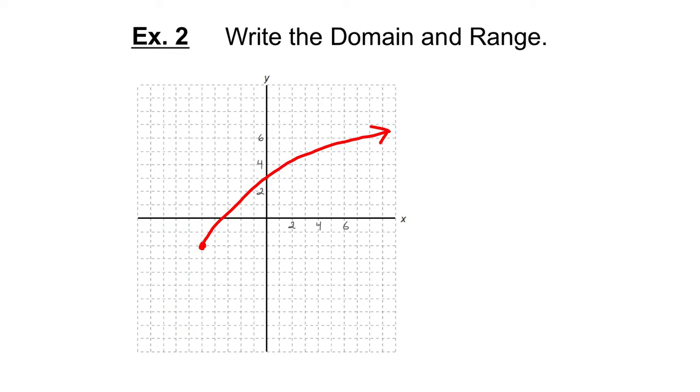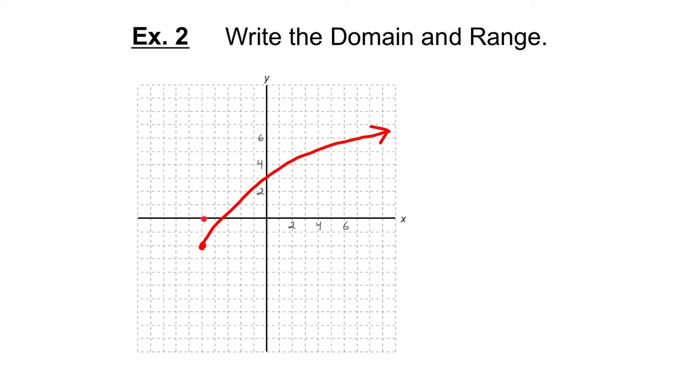Okay? So that's important. When we talk about domain, well, what's the starting point? What's the lowest point? What's the lowest value of x that can exist on this function? Well, it's right here, -5. Now, x can be any value higher than -5 because this arrow means that it keeps going off to the right.